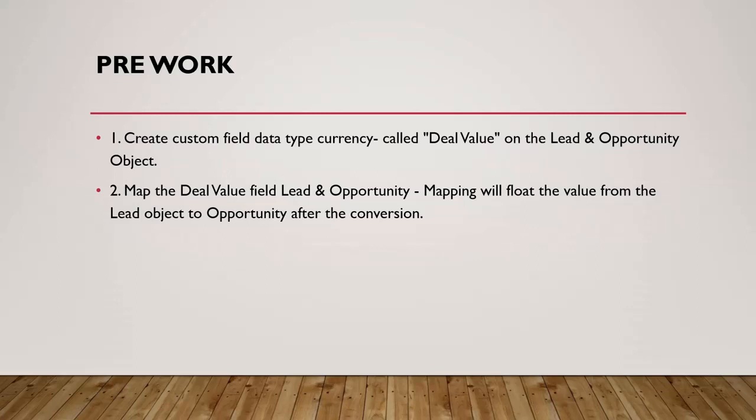The field name will be deal value on the lead and opportunity object. Then I'll map the deal value field on the lead and the opportunity object. So the mapping will flow the value from the lead object to opportunity object after the conversion. So let's see and understand each and everything.